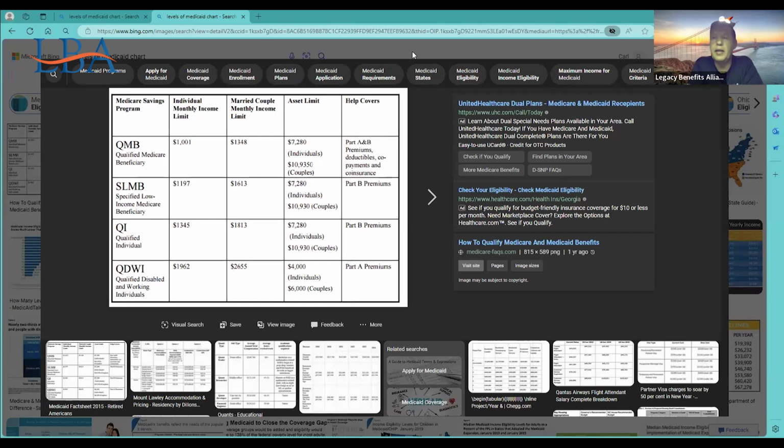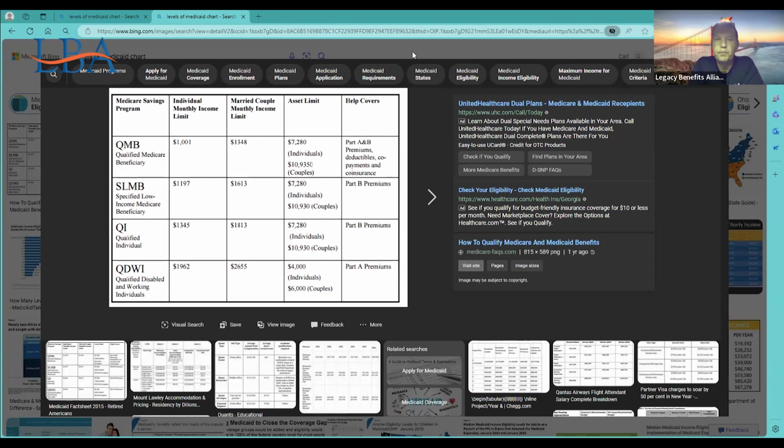And so far, we haven't gotten there yet. Okay. Now, again, there are exceptions to this. You may want to look at some of the plans in your area and go into the summary of benefits. But in general, QI1 pretty much just takes care of the Part B premium.